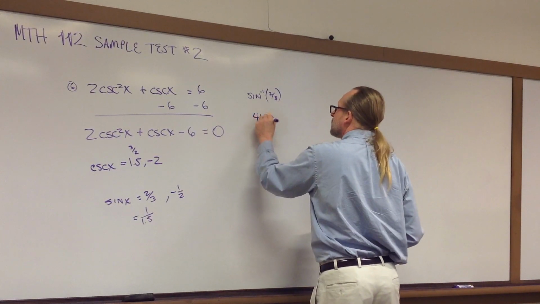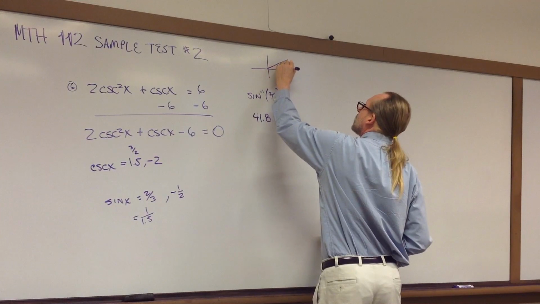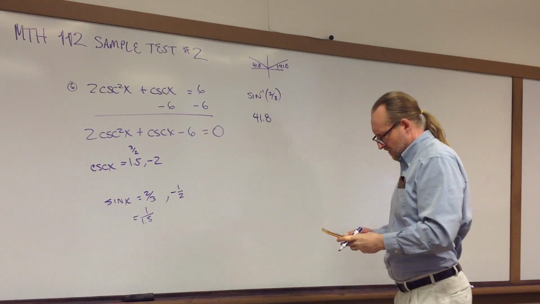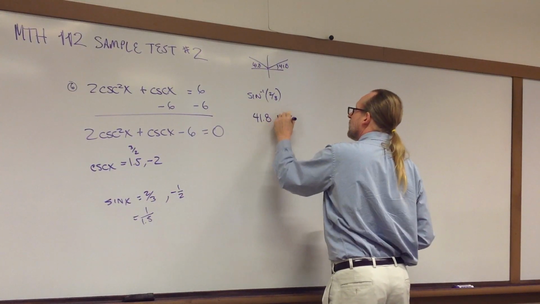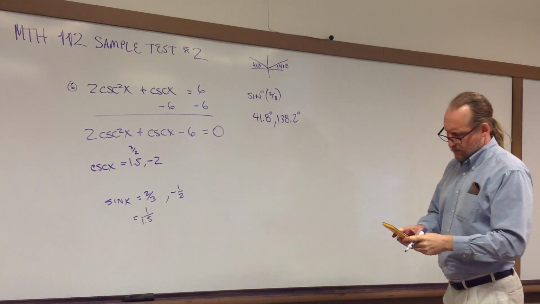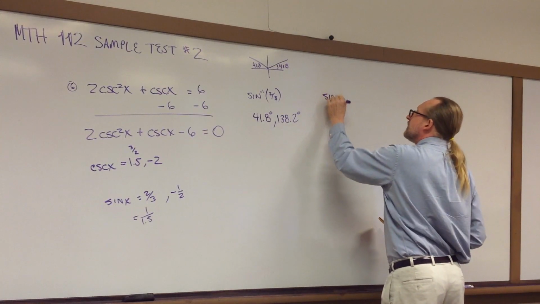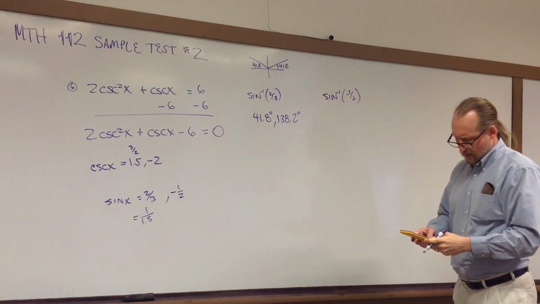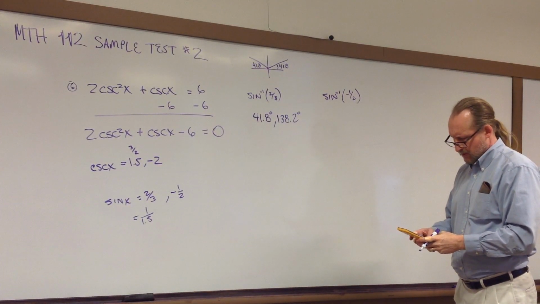41.8 degrees. And then also in the second quadrant with a reference angle of 41.8, that's going to give us 138.2. Okay, let's see. All right, then we want to do the inverse sine of negative 1/2, and that should give us negative 30 degrees.